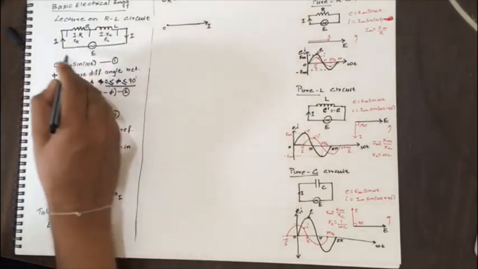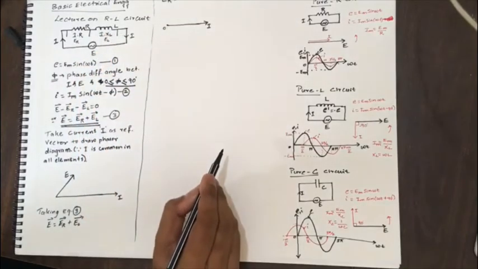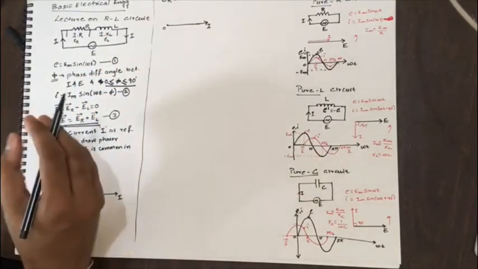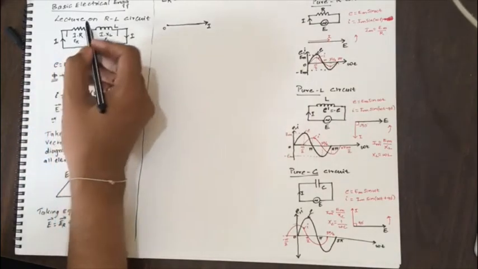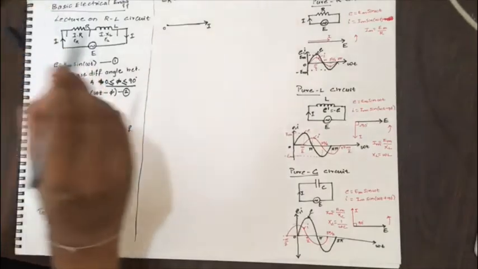So to draw the phasor diagram for the entire circuit, I should consider the phasor relation between voltage and current across each element of the circuit.